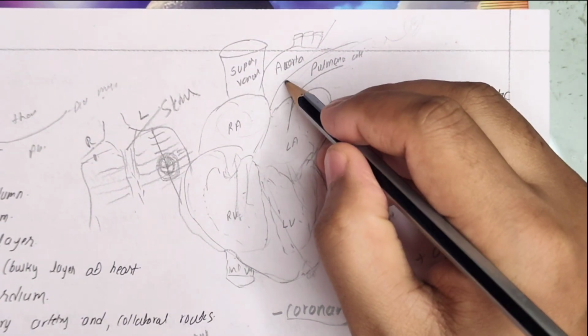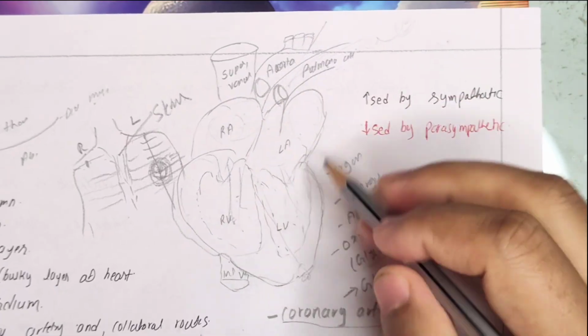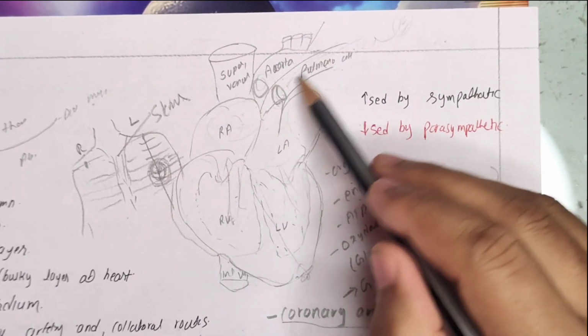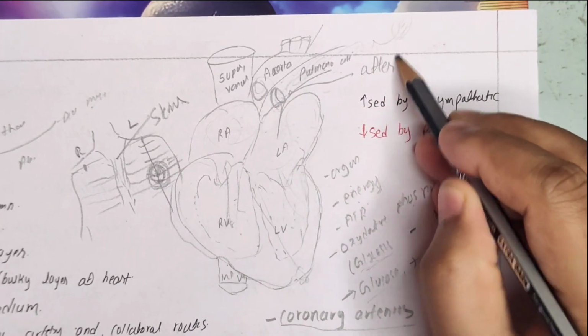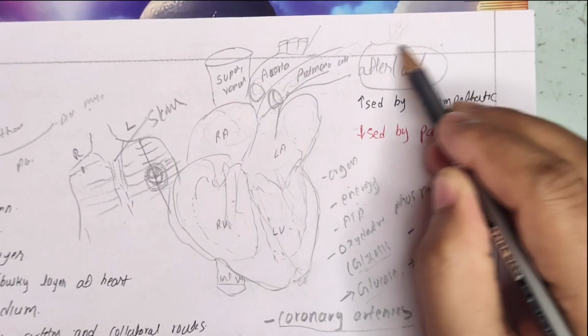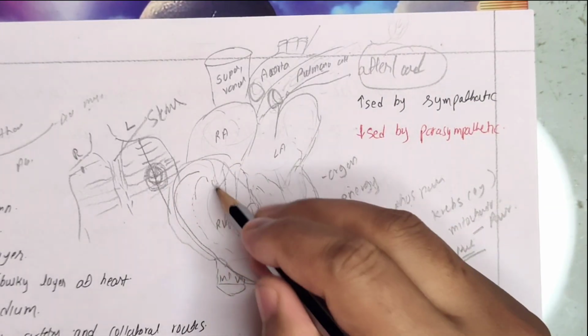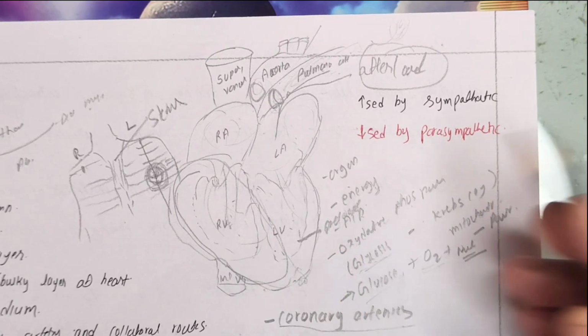And there are valves. These valves prevent this blood from coming back to the ventricles. Now, what is the pressure exerted on these valves by the pumped blood? This pressure is known as afterload. However, the pressure exerted in the ventricles by the blood is known as preload. Hope you understand this concept.